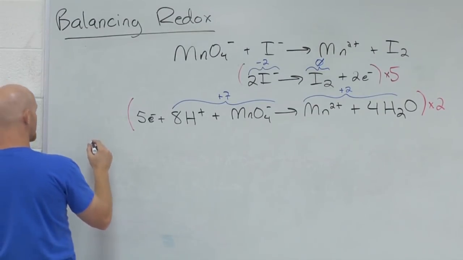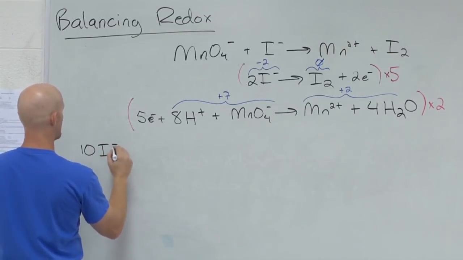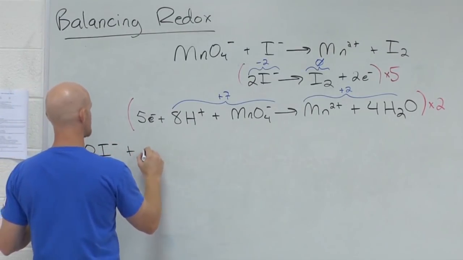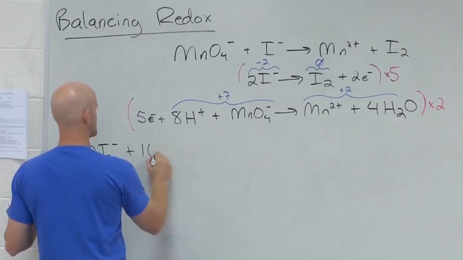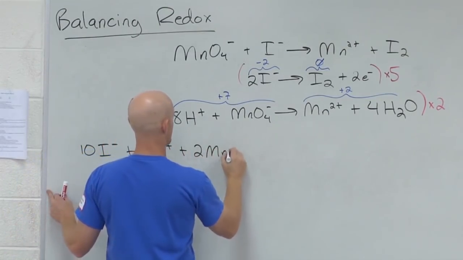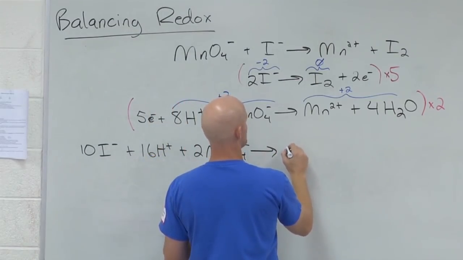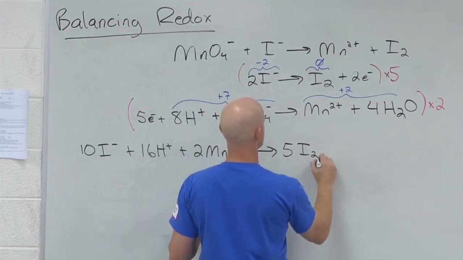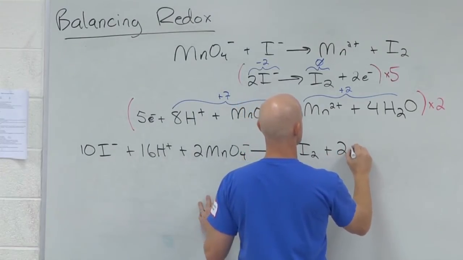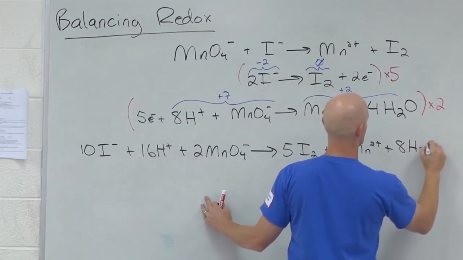So we're going to end up having then 10 I minus plus 16 H plus plus 2 MnO4 minus going to 5 I2 plus 2 Mn2 plus plus 8 waters.